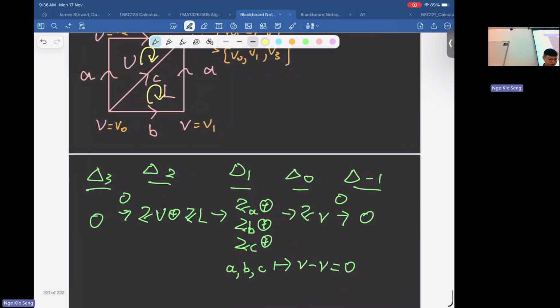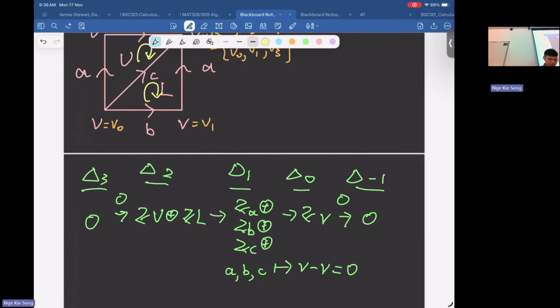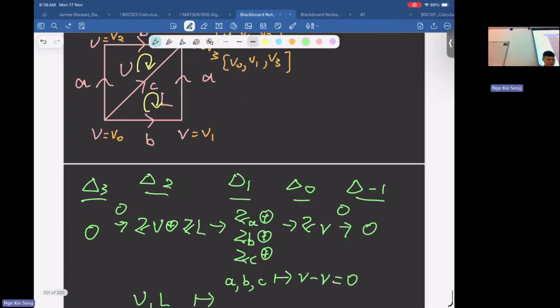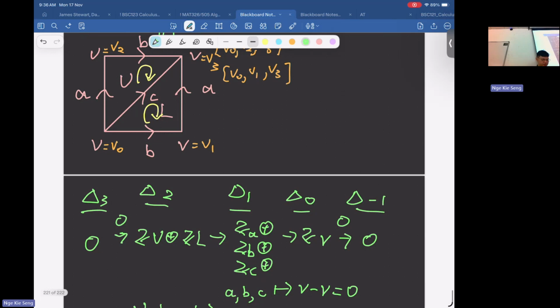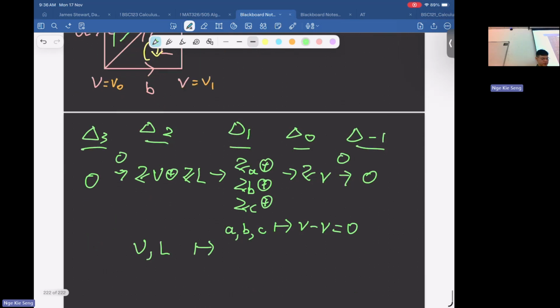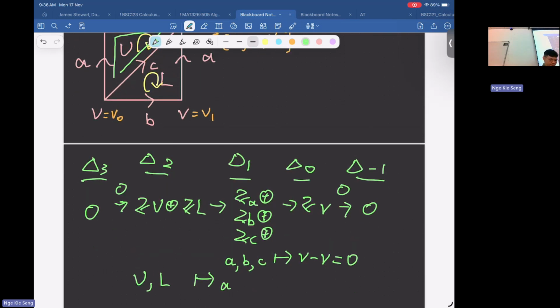Okay. So after we choose orientation for that, then we'll see how this U and L interact with the orientation of the simplex. So for U, you go A, B, and then the other way of C. So A, B, minus C, like that.